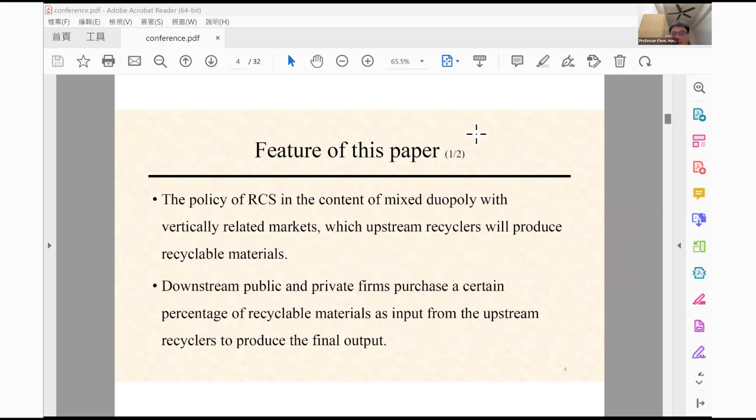The feature of this paper is the policy of recycled content standards in the context of a mixed duopoly with vertically related markets, in which upstream recyclers produce recyclable materials. In the downstream, a public and a private firm purchase a certain percentage of recyclable materials as input from the upstream recycler to produce the final outputs.